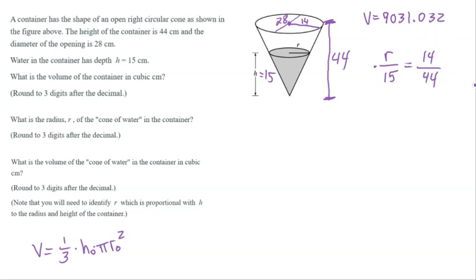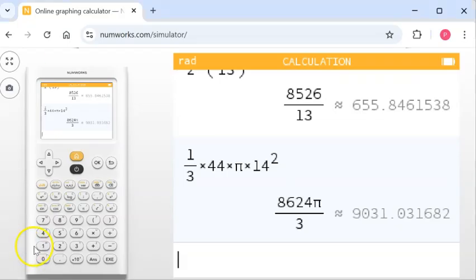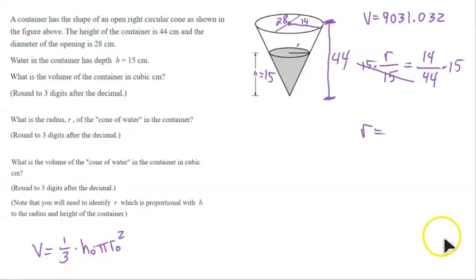And now all we have to do is multiply by 15 on both sides, and we get R is equal to, we're going to multiply the 14 times the 15. So 14 times 15, that gives us 210. So this is 210 in the numerator, 210 over 44.